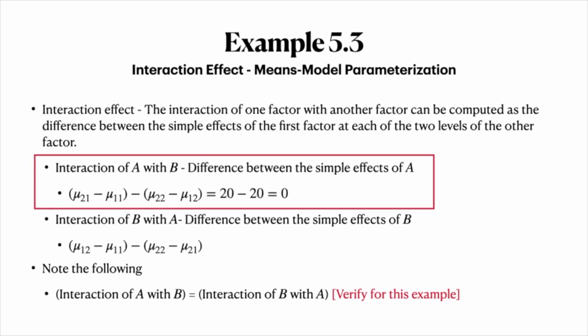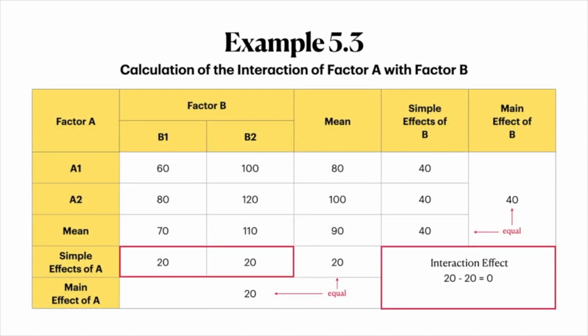The simple effects were both found to be 20, and so the difference between them is obviously going to be 0. What that tells us is that the interaction of A with B is equal to 0. We can demonstrate that calculation by taking the difference, 20 minus 20, and so we get 0.